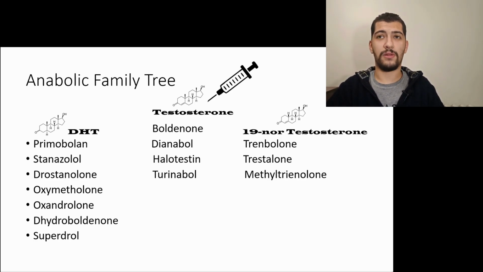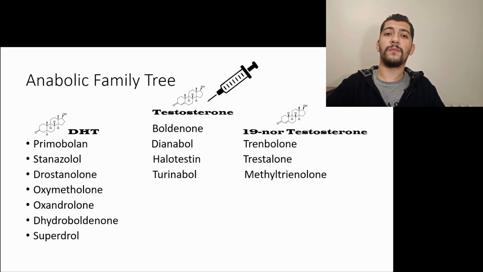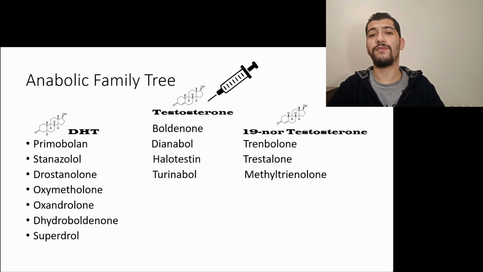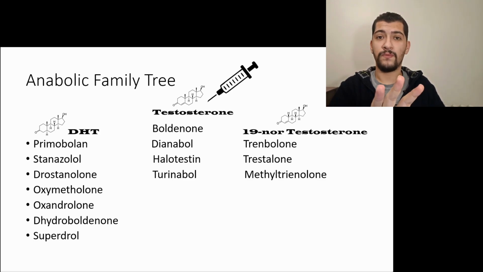We have oxymetholone, and oxandrolone, also known as Anavar. We have dihydroboldenone, the 5-alpha reduced version of boldenone, which belongs to the testosterone group. Also, we have Superdrol, also known as methyldrostanolone, the 17-alpha alkylated methyl version of drostanolone.